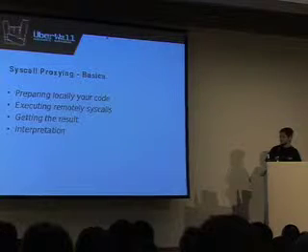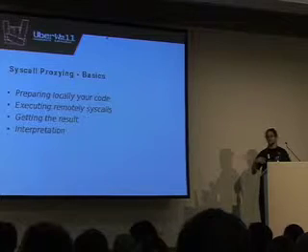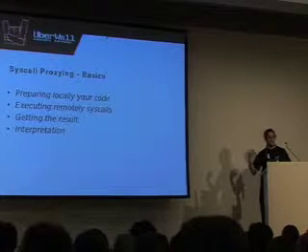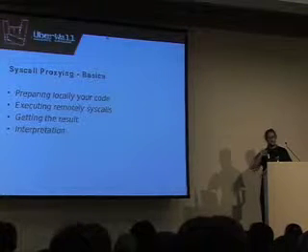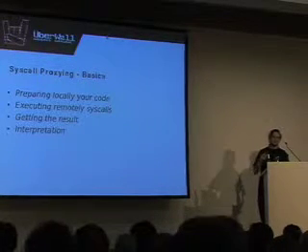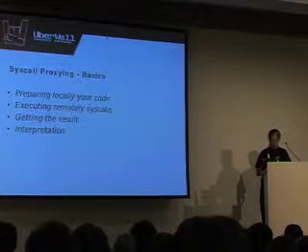So the basics of Syscall proxying is you can remotely access this kind of interface to the kernel. The goal is preparing your code locally, you execute it remotely, you get the result, I mean the stacked result, and you interpret it locally.